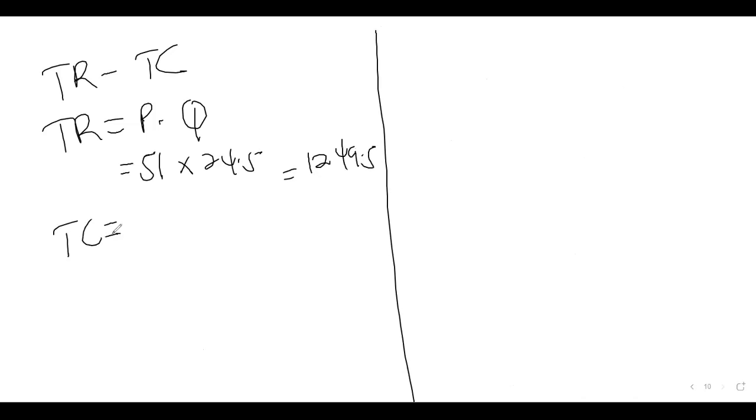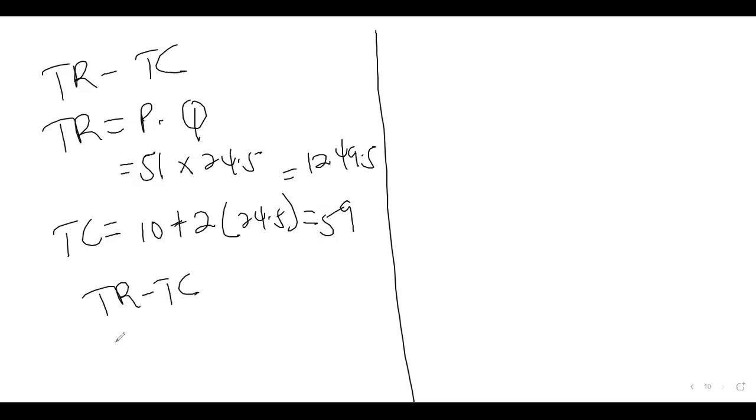And total cost, the cost function was 10 plus 2Q. So 10 plus 2 into bracket 24.5. That will be the total cost. So this will be 59. Okay. So total revenue minus total cost will be 1249.5 minus 59.